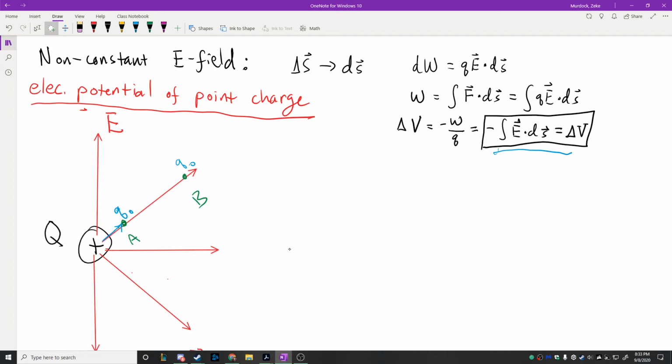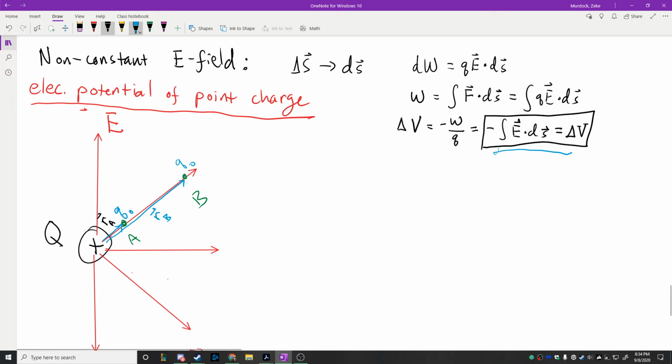Let's call this R sub A. And let's call the other distance R sub B. I should probably draw that one on here too. So the second distance we're going to need is this point right here. We'll call that R sub B. We're using position vectors now. And we want to evaluate this quantity here, E dot ds, along our line.